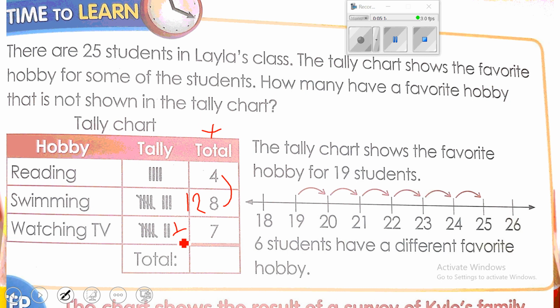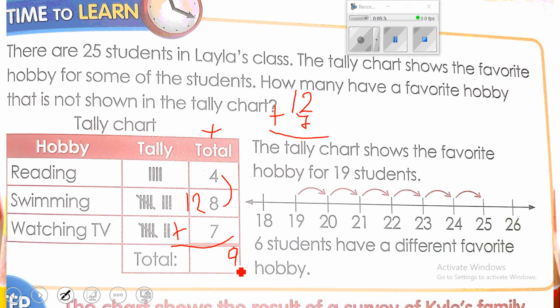Now I'm adding 12 to 7. Let's put it here: 12 plus 7. I put ones under ones. 2 plus 7: 8, 9.